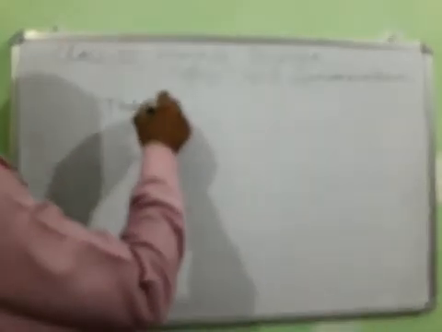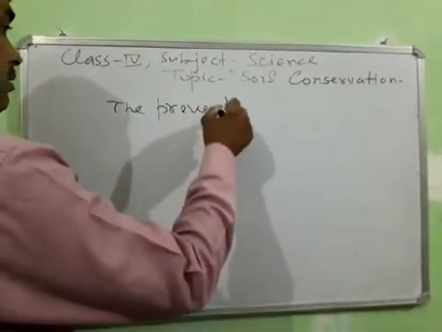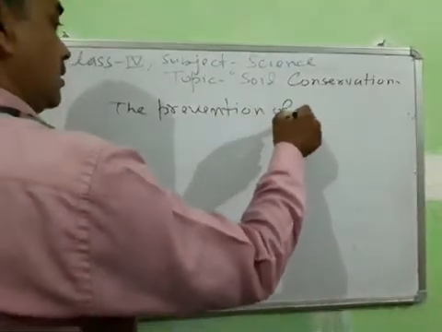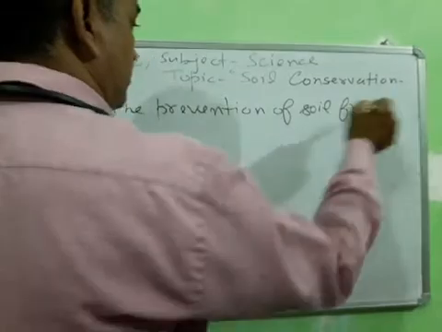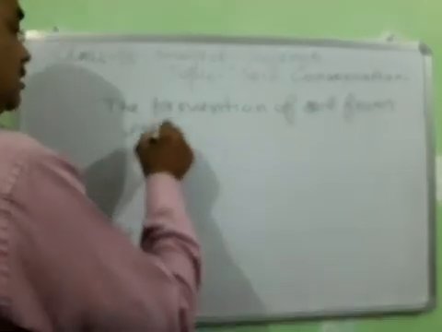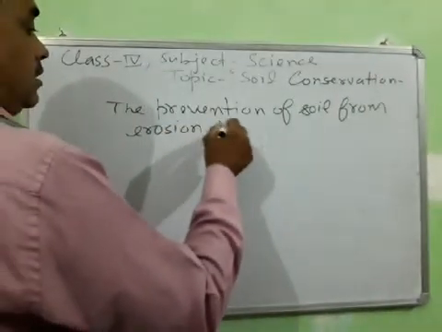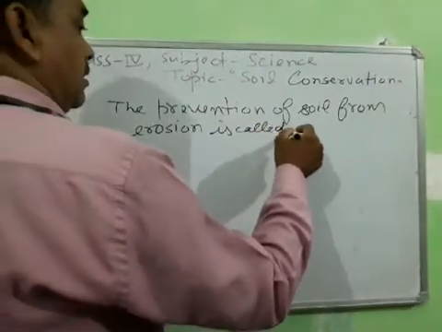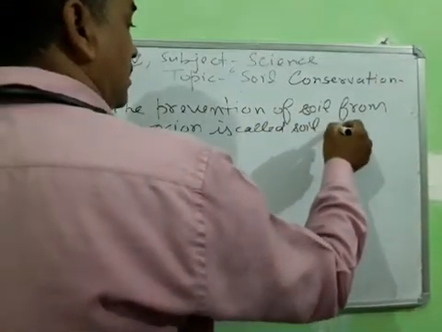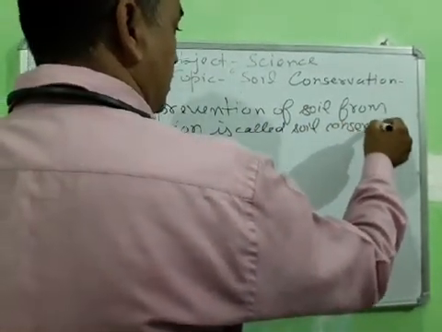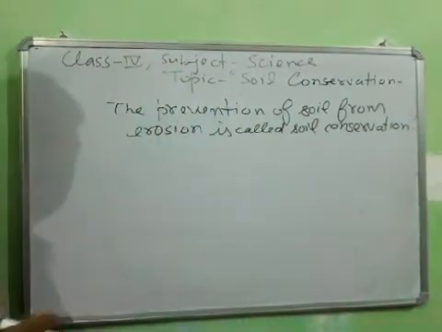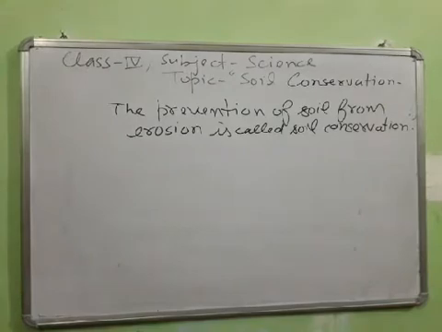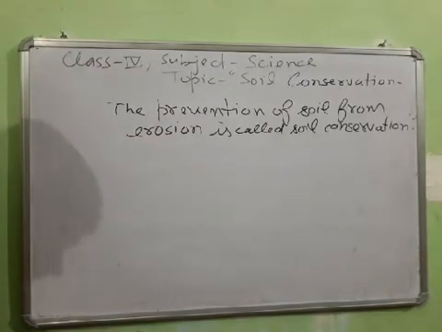So the prevention of soil from erosion is called soil conservation. Okay, the prevention of soil from erosion is called soil conservation.